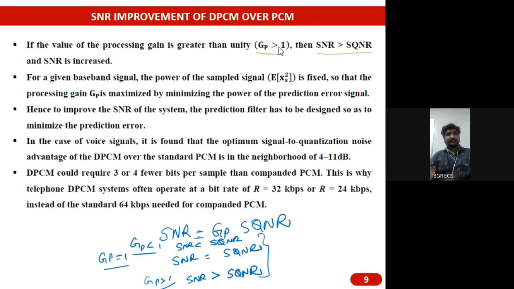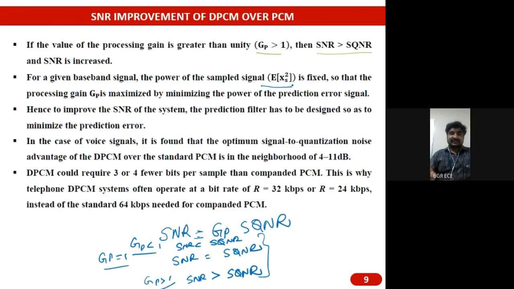So let us assume that the signal power, the expectation of X square, or the mean square value of the sampled signal is constant, and we cannot alter it. The processing gain can only be changed by improving the prediction and reducing the power of the prediction error.